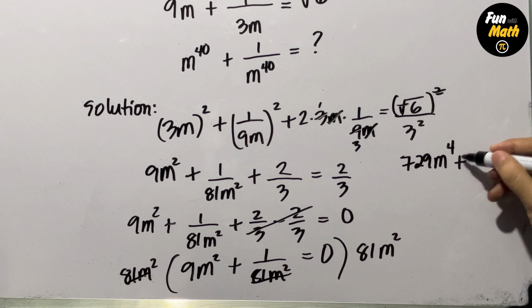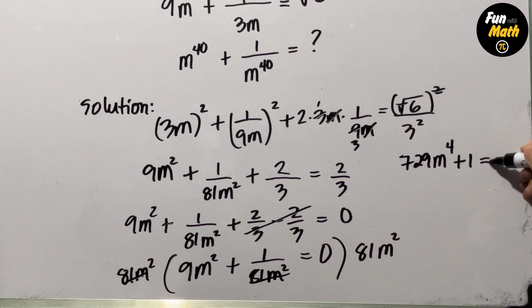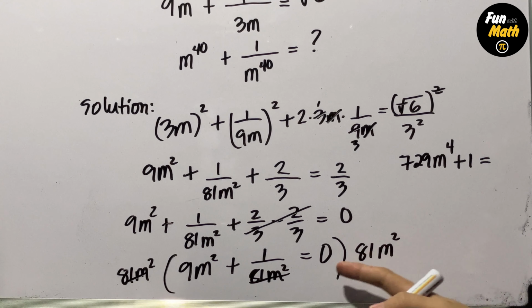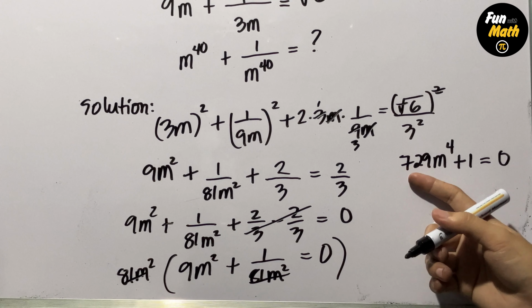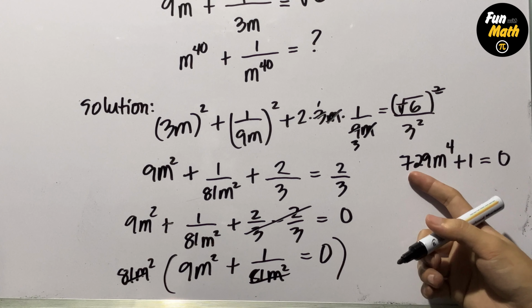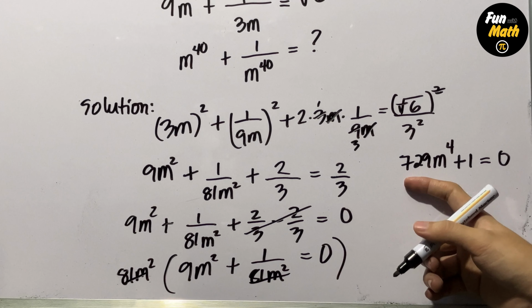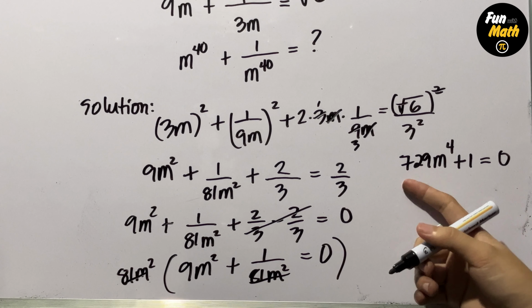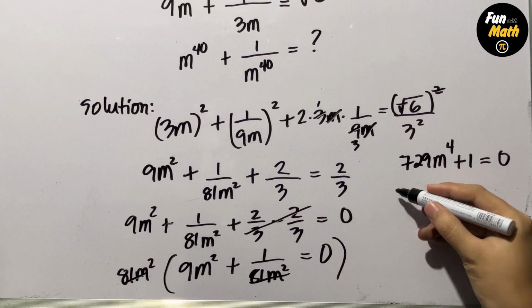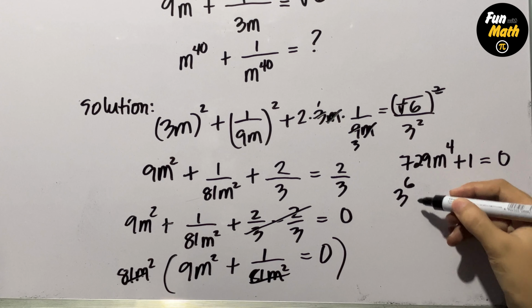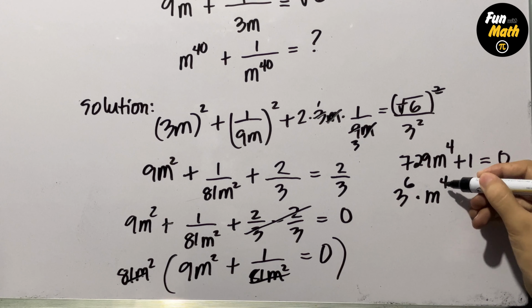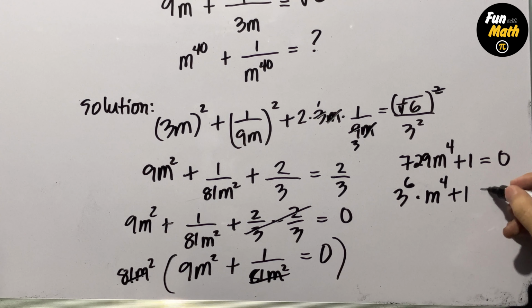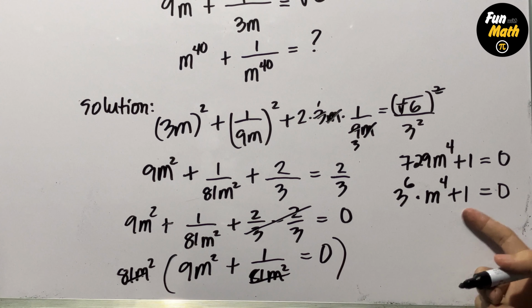So this is plus 1 equals 81m squared times 0, which is 0. Now, 729 we can write in power form. 729 is the same as 3 to the power of 6. So 3 to the power of 6 times m to the power of 4 plus 1 is equal to 0. Now, we can take 1 to the other side.